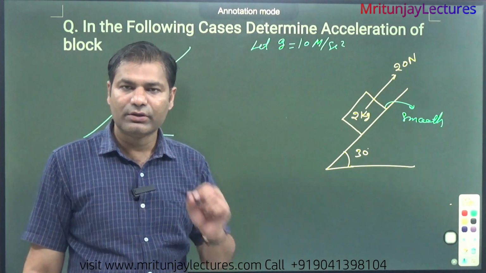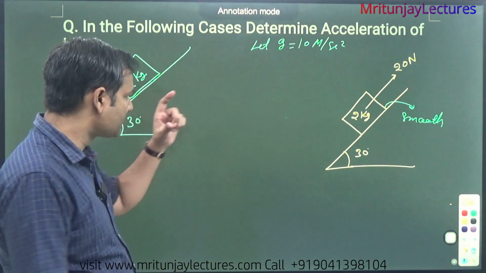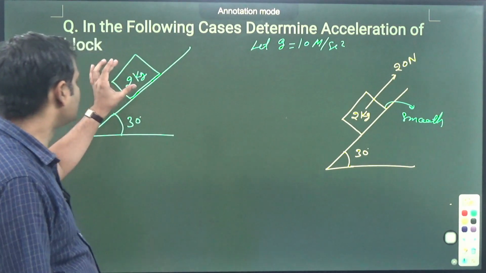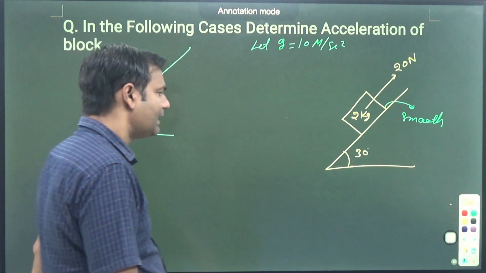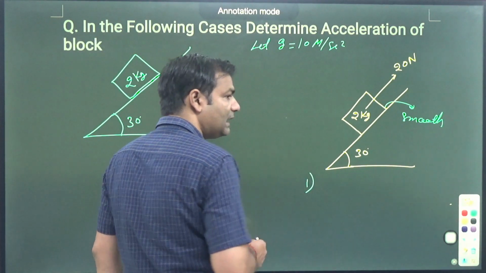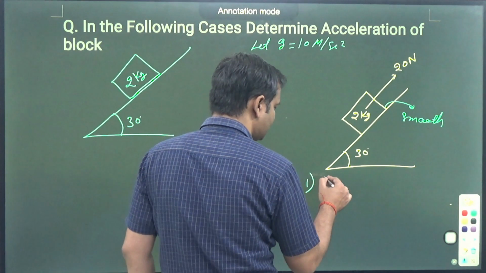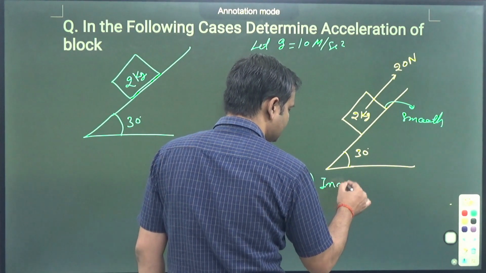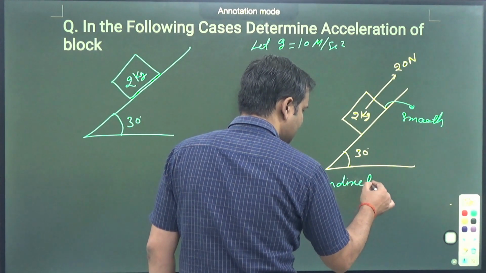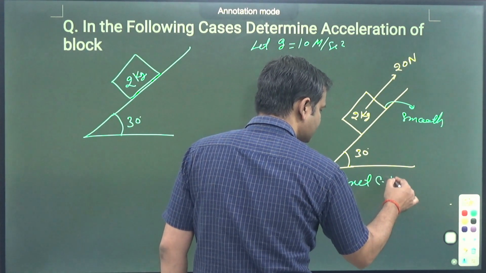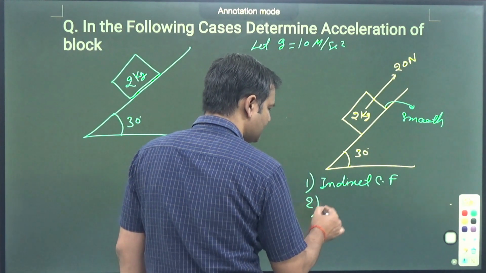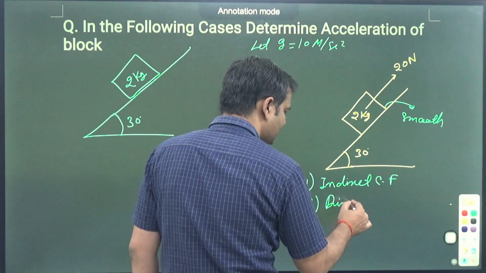Clear or not? First, we consider the system, that is the 2 kg block, and second, we focus on the indirect contact force and the direct contact force. First, the indirect contact force. After that, second, we focus on the direct contact force.